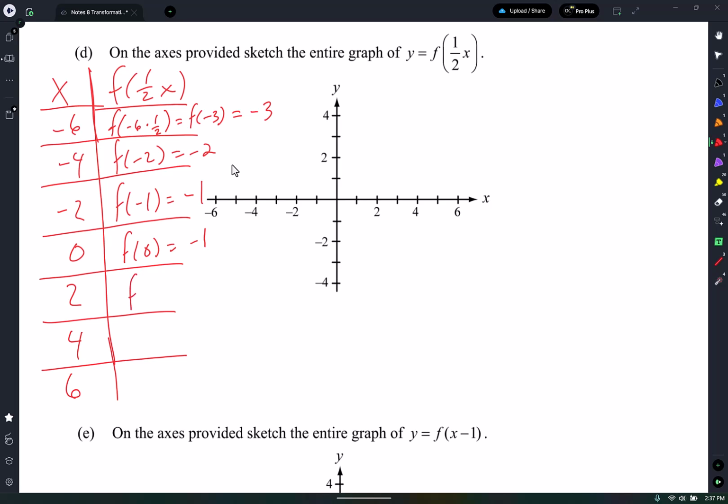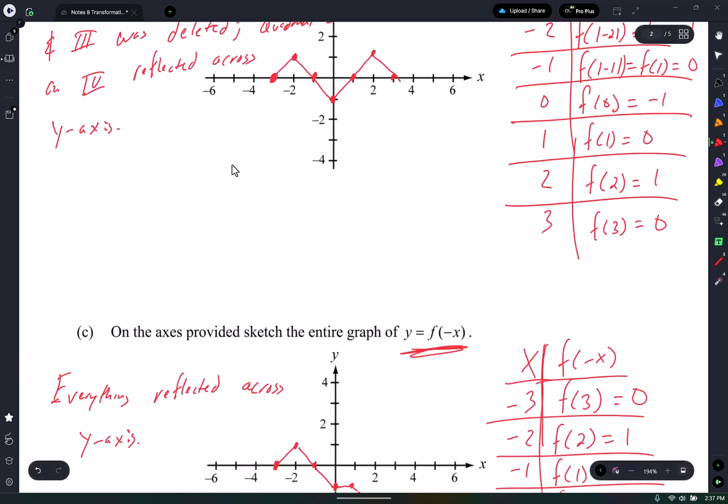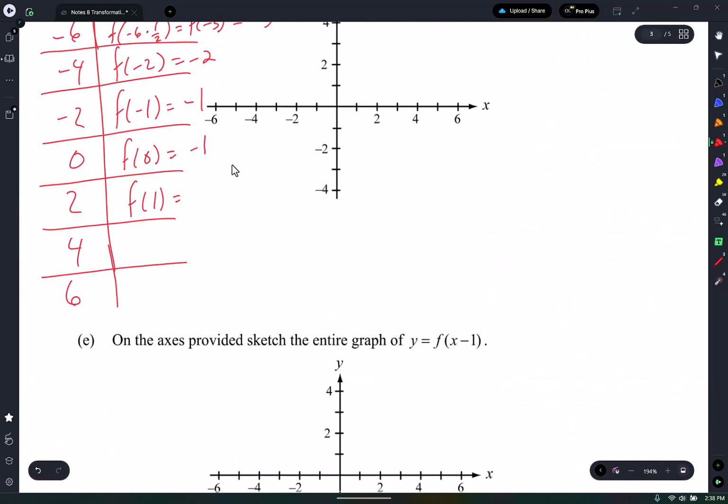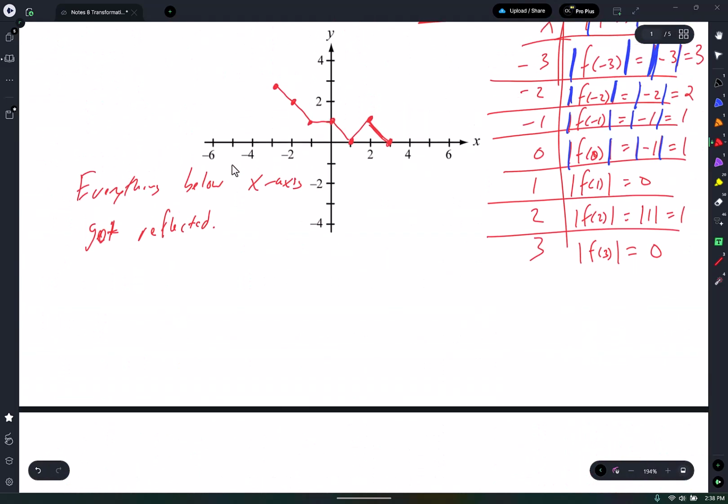Half of 2 is 1. F of 1 is, well, I don't remember. F of 1 is 0. Half of 4 is 2. And f of 2, I believe, was 1. And then half of 6 is 3. And f of 3 was 0. Let me make sure.